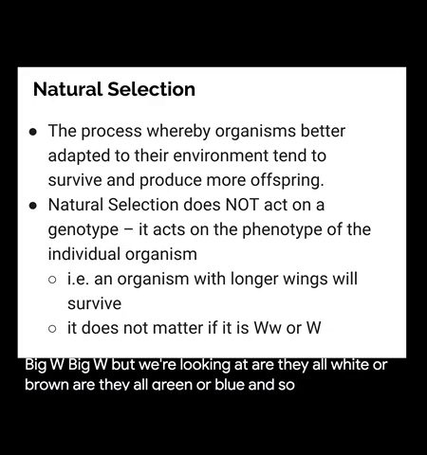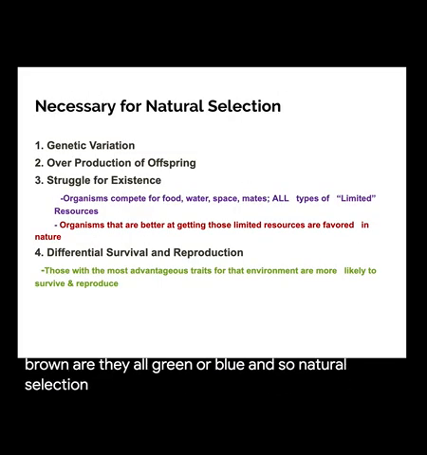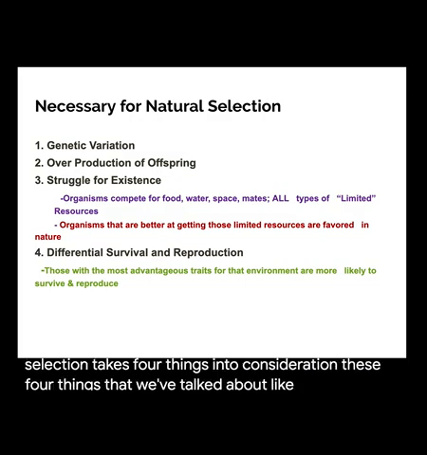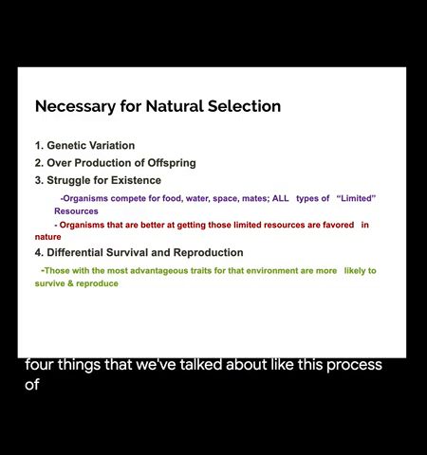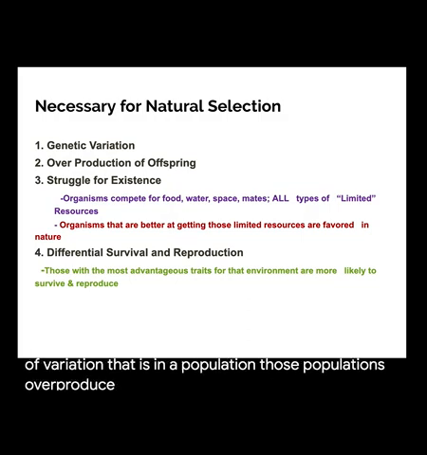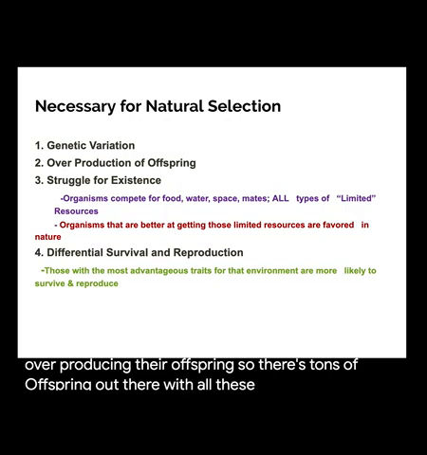Natural selection takes four things into consideration. These four things that we've talked about: the variation in a population, and those populations overproducing their offspring, so there's tons of offspring out there with all these different variations.